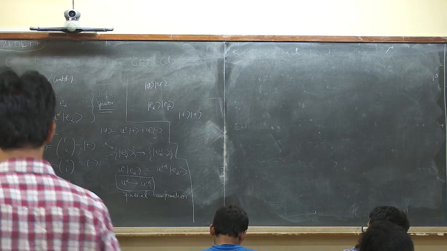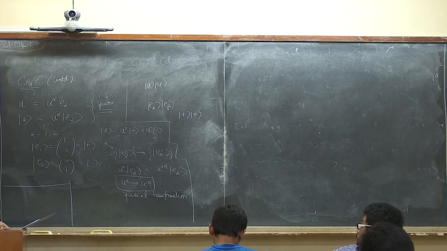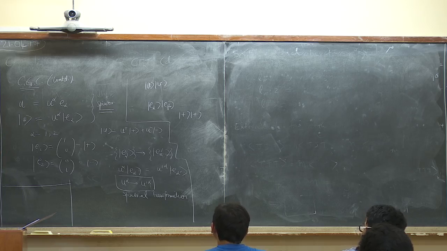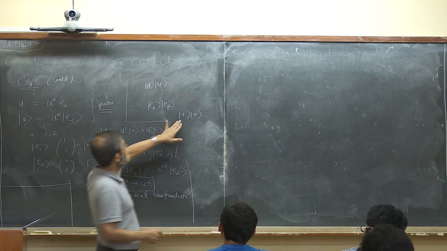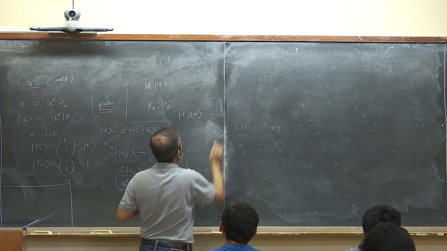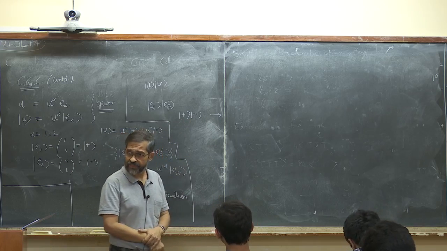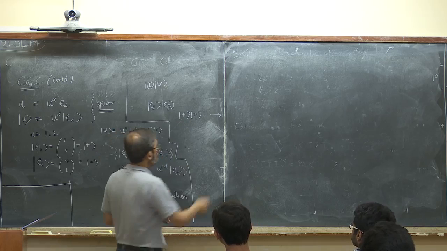So let me just remind you what we found last time by our explicit Clebsch-Gordon computation, that plus plus was the highest weight state of the spin 1 representation.